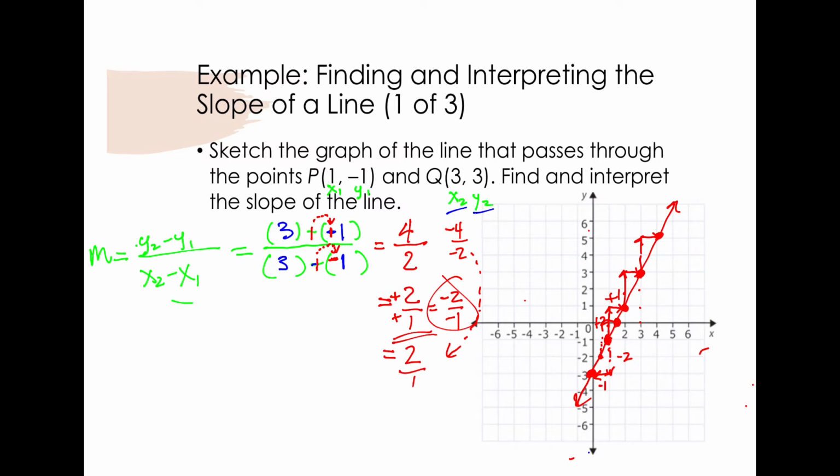So whole numbers we can think of as being over 1. We look at 2, for example, and say, well, what does that mean? Is it 2 over nothing? No, any whole number is always over 1. So there you have kind of a visual of the slope and what it means.